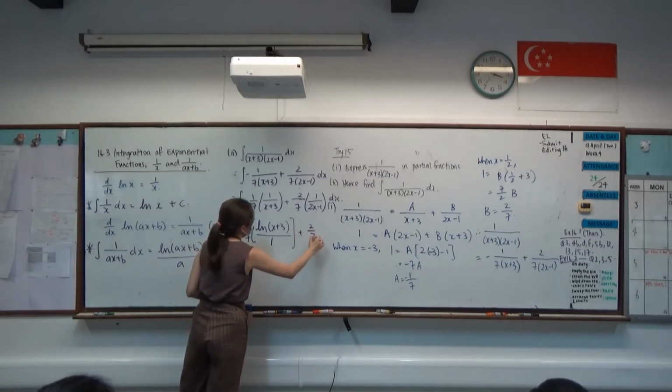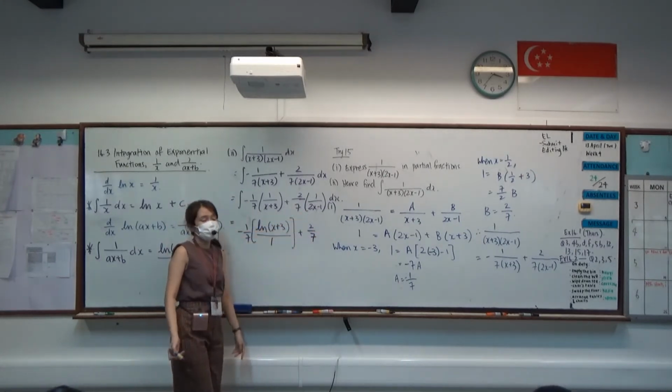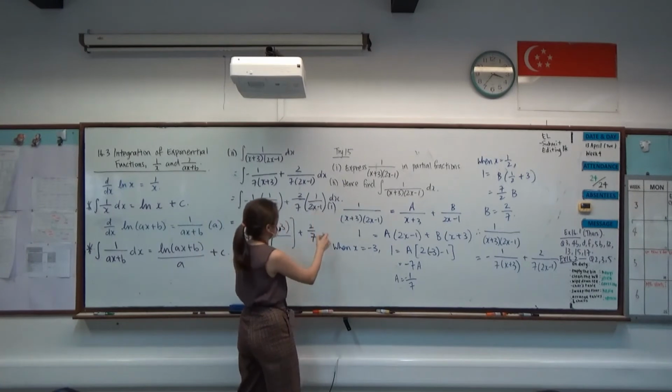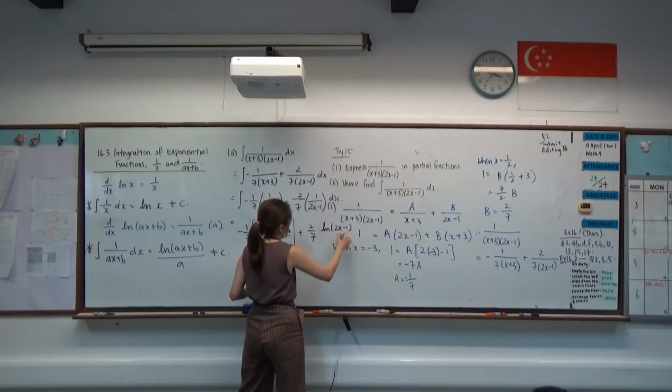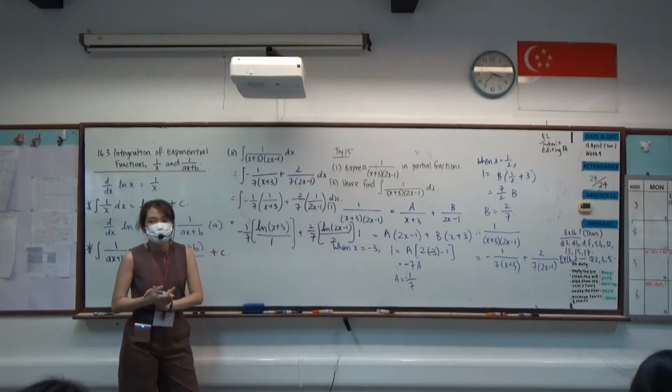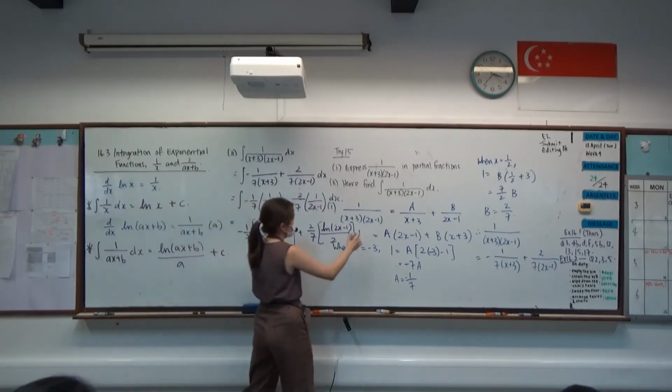Plus 2 over 7, integration of 1 over 2x minus 1, I'll get ln 2x minus 1, divided by 2, the coefficient of x. Don't forget to plus c.